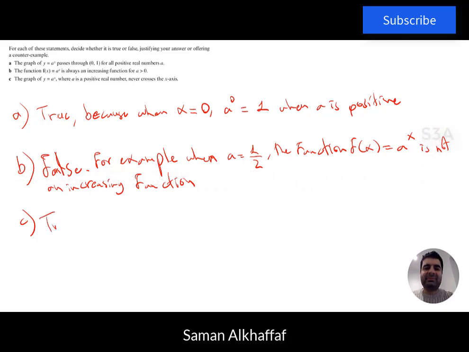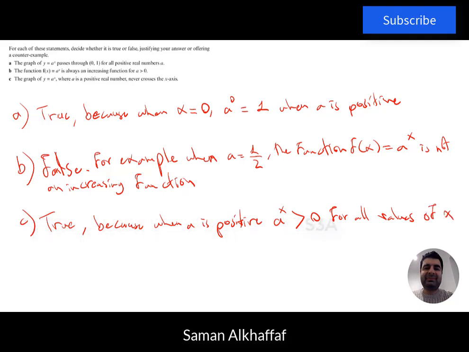This is true because when a is positive, a to the x is bigger than 0 for all values of x, and this will be our answer for part C.